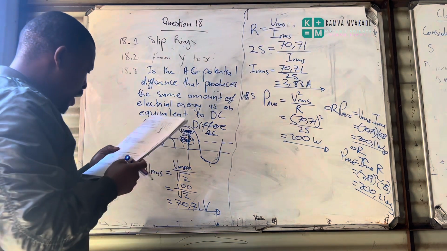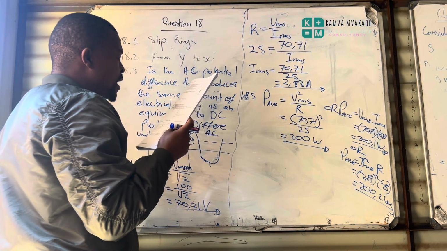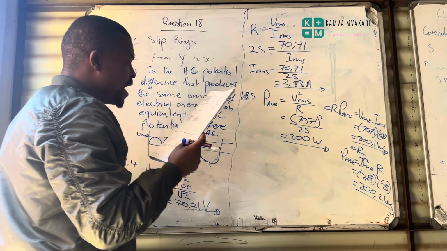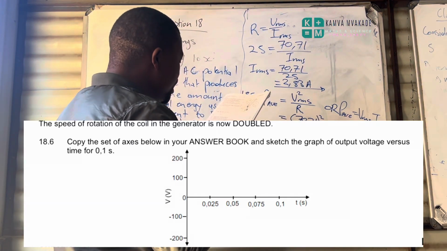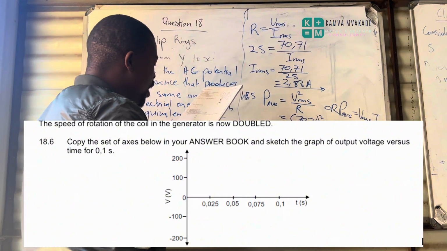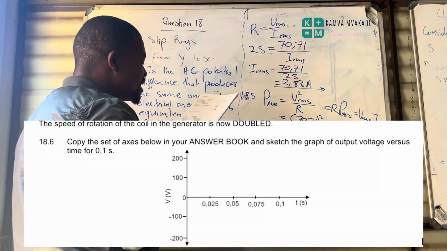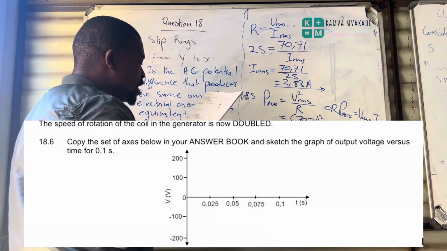And then question 18.6. But the speed of the rotation of the coil in the generator is now doubled.